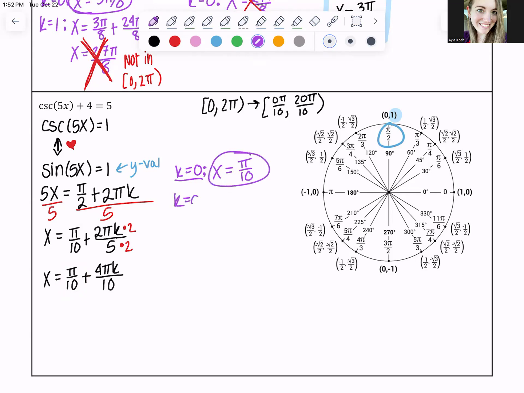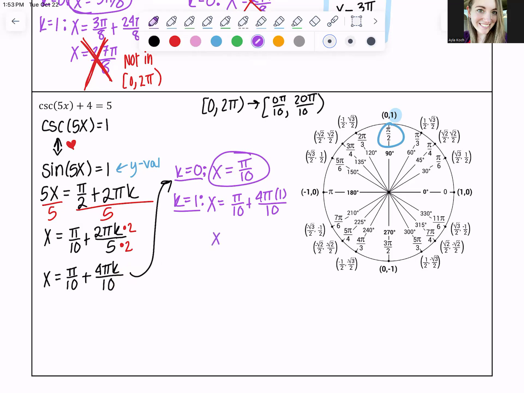Plug in k equals 1. When you plug in k equals 1, you have x equals pi over 10 plus 4 pi times 1 over 10, using, again, this formula right down here. Make a little note.